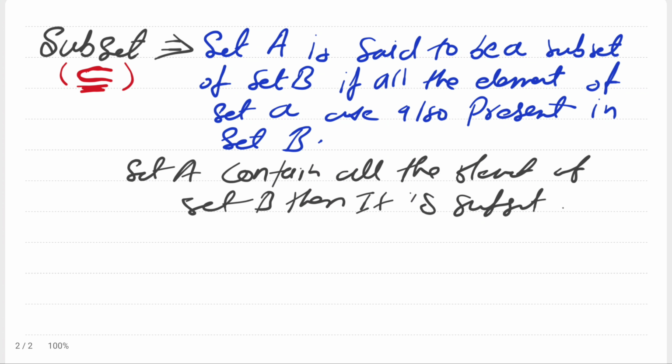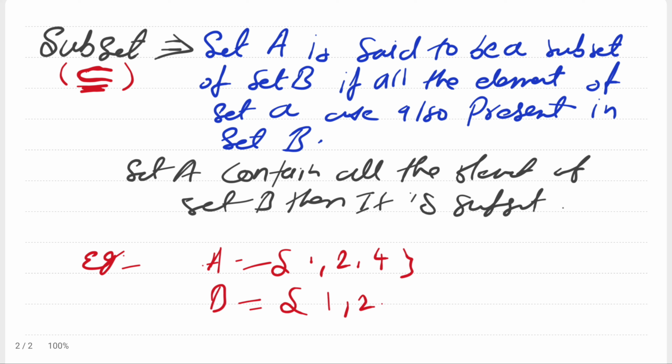Let me give an example. Understand with this one, then you will understand. A is given as 1, 2 and 4, and B is given as 1, 2, 4 and 5.